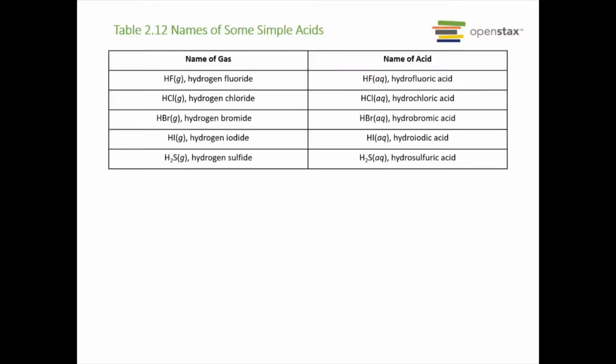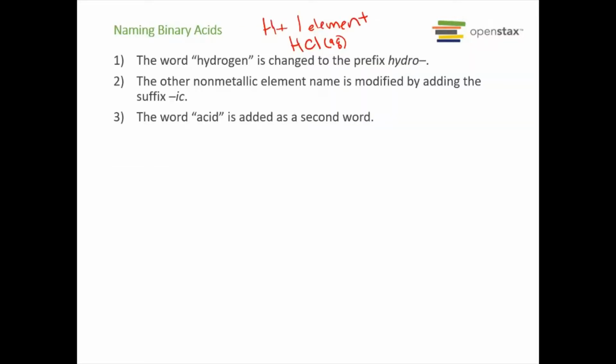So we take hydrogen and change it to hydro. And then we look at the other element, in this case Cl. So instead of chlorine, now it's chloric. We get rid of the ending, change it to ic, and then we add acid at the end. So this is hydrochloric acid.